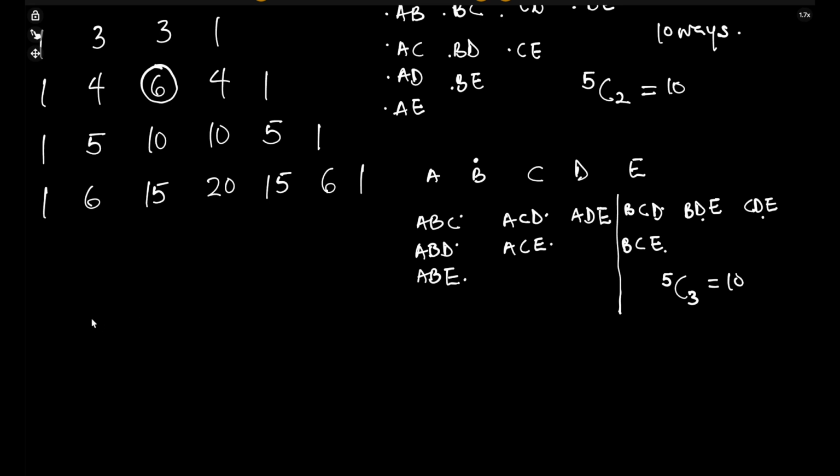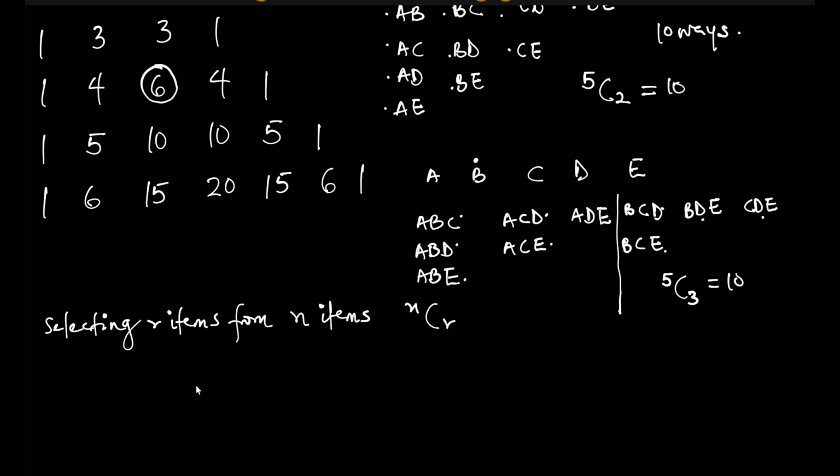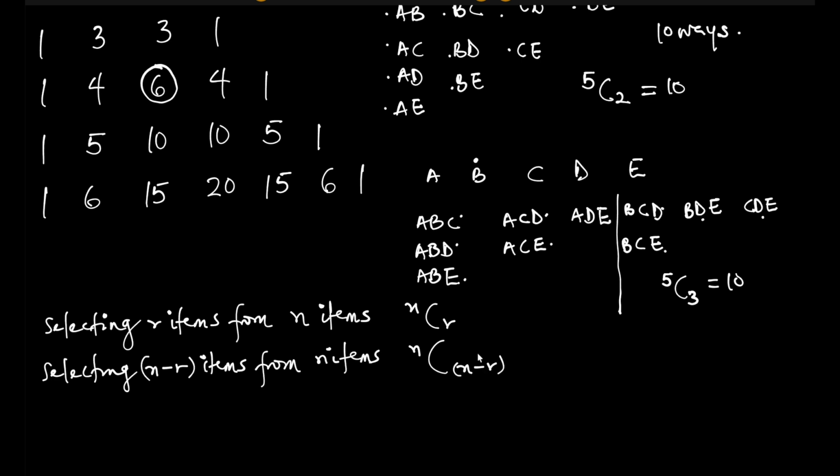That can now be expressed as saying that selecting r items from n items, that is, n combination r, is the same as selecting n minus r items from n items, that is, n combination n minus r.